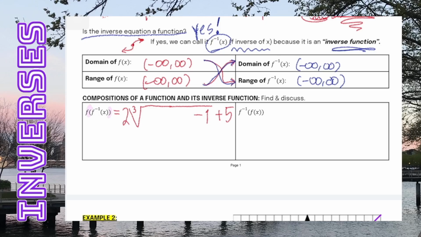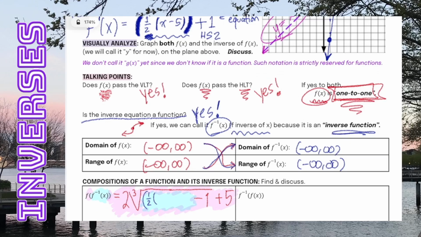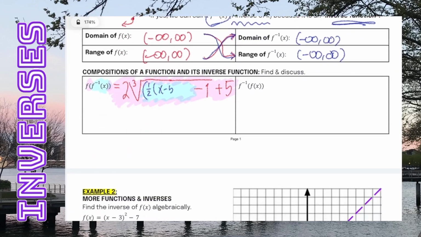I have f on the outside, that is the red function over here. And then on the inside, we're going to fill in the inverse wherever the x was. We're going to plop in my inverse. So that would be, I already forgot, we had a 1/2, we had, I don't want to mess up anything, x minus 5, and then plus 1. All right, now that's all set up for us.